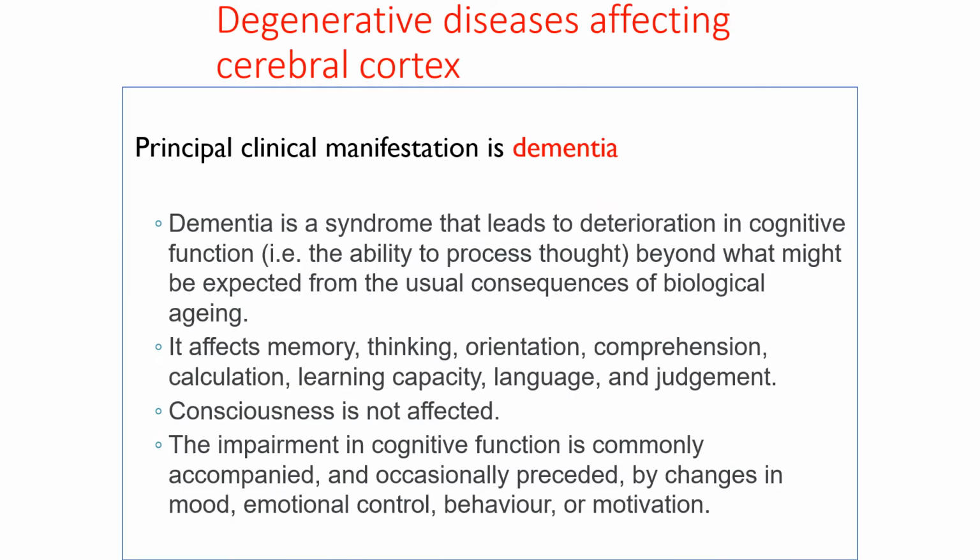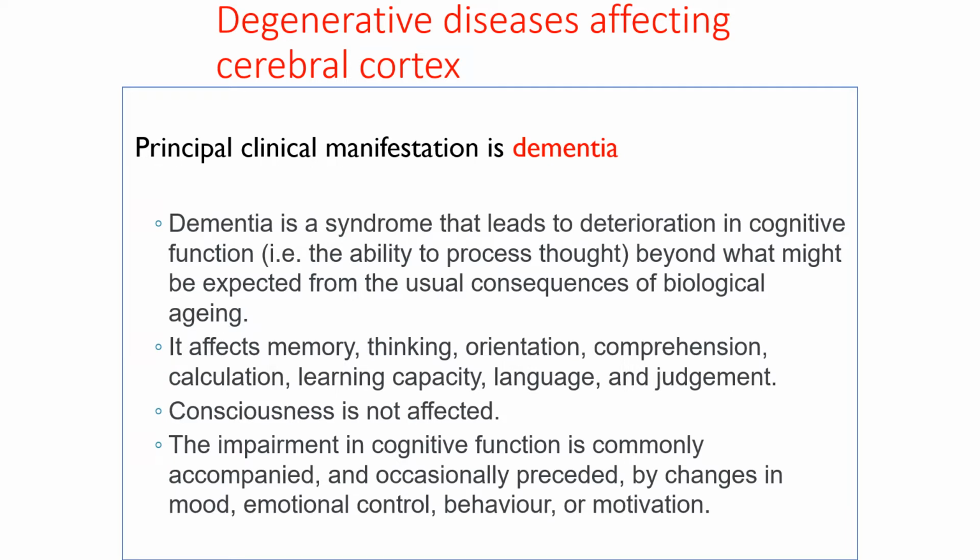The principal clinical manifestation of degenerative diseases affecting the cerebral cortex is dementia. It is a syndrome that leads to deterioration in cognitive function beyond what might be expected from the usual consequences of aging.